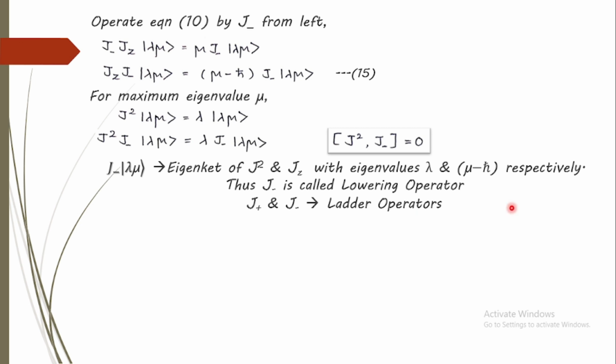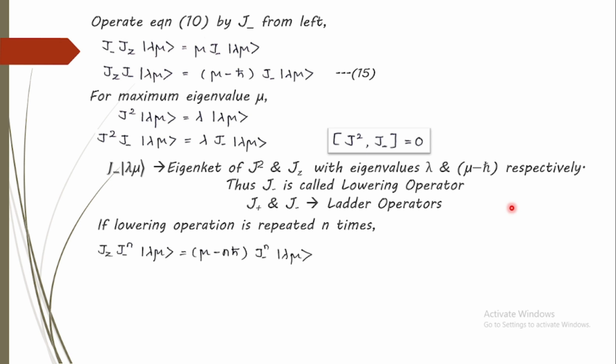In a similar manner, if we go on repeating the lowering operation using the j minus operator n times, then we can write the equation as jz j minus raised to n, meaning n times we have used the lowering operator on the eigenket, is equal to mu minus n h cross into j minus raised to n ket lambda mu.